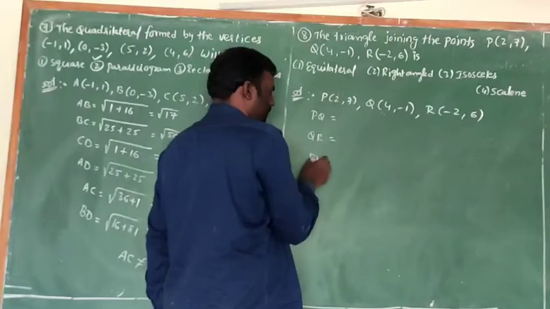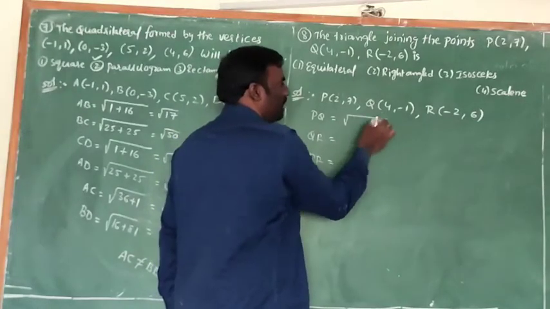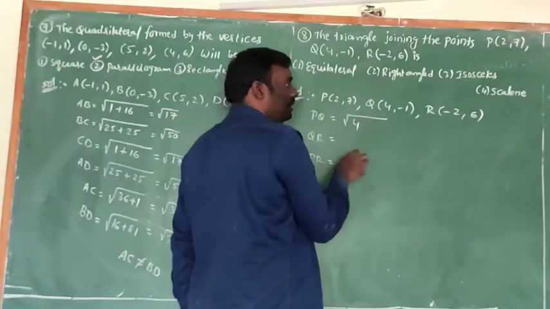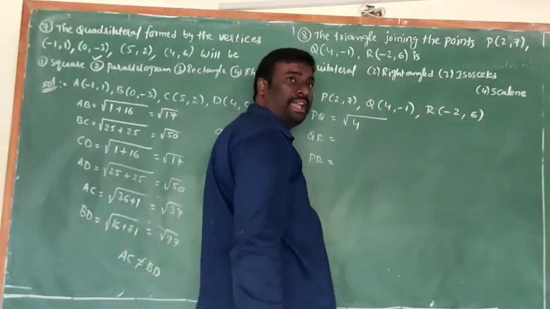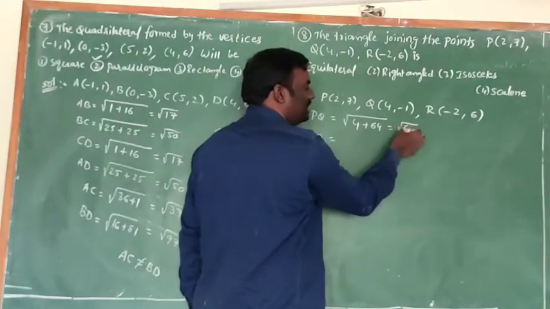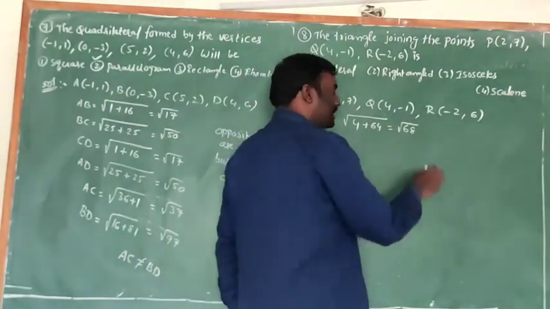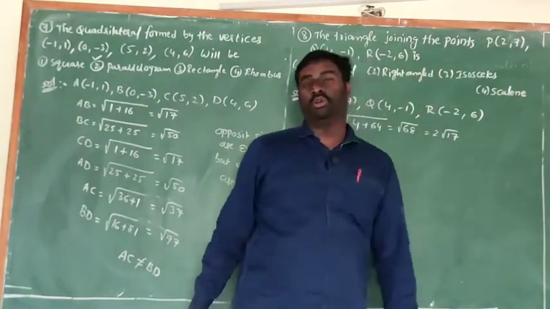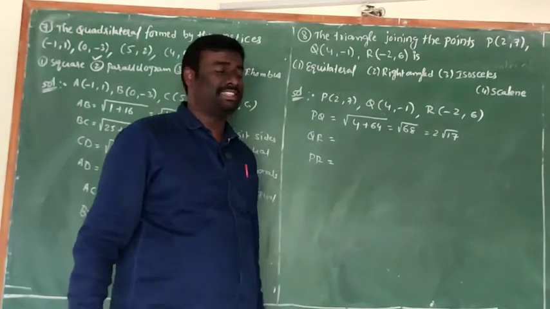Distance formula: under root of (x2 minus x1) whole square, (4 minus 2), 2 whole square, 4. (-1 minus 7), minus 8 whole square, 64. That is root 68. This can be written as 2 root 17, because 2 will go inside, becomes 4, 4 times 17 is 68.